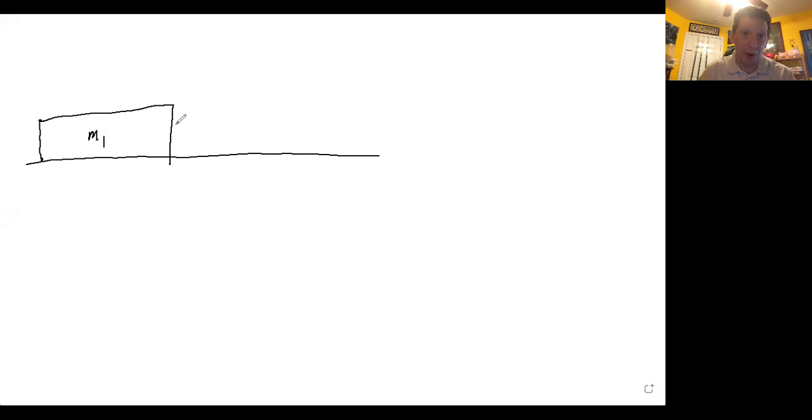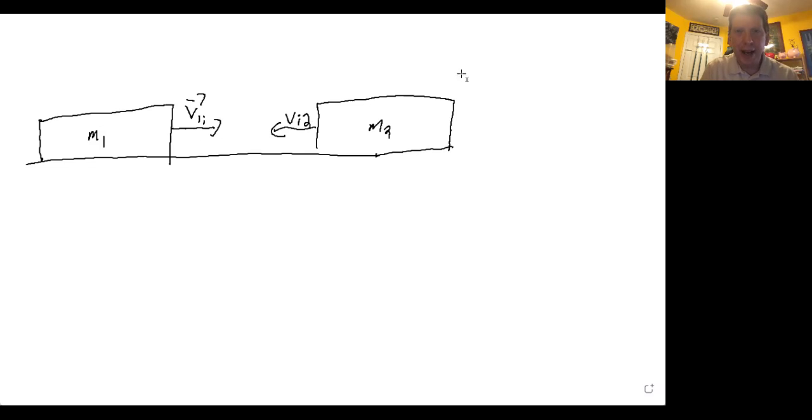So you have M1 moving to the right at V1I, and M2 moving to the left at V2I.